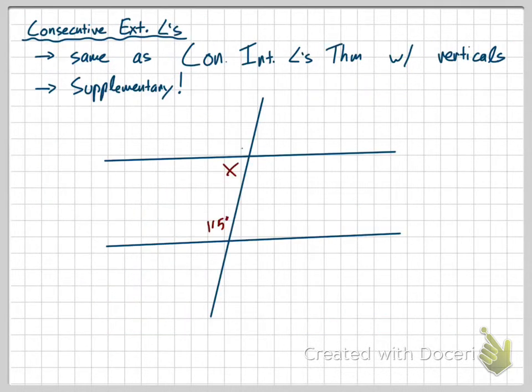All right, another common theorem that we may run across are the consecutive exterior angles. In our last lesson, we talked about consecutive interior angles in that theorem, and we said that those are supplementary. We also have consecutive exterior angles, and here we're using our vertical angles concept, where we know that vertical angles are congruent.